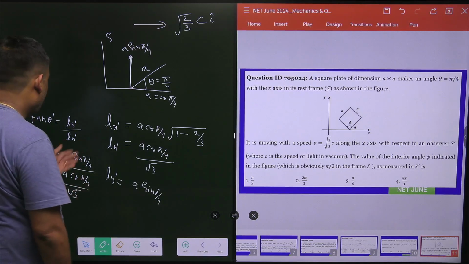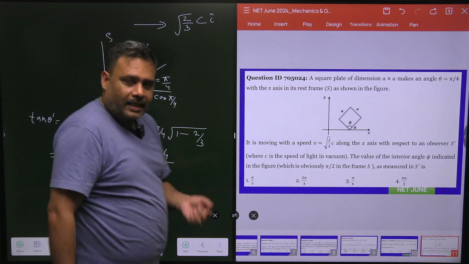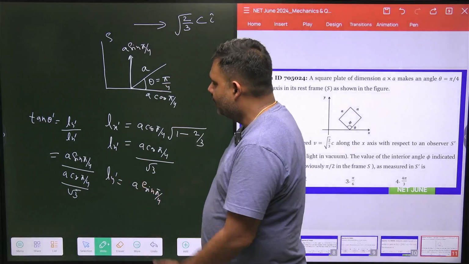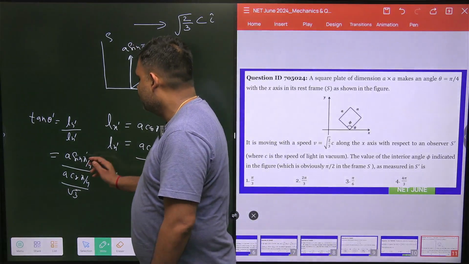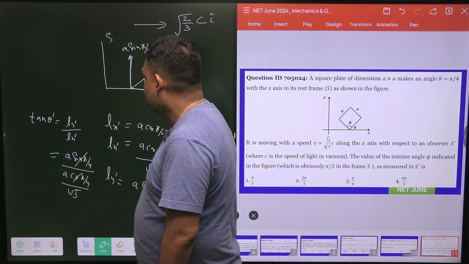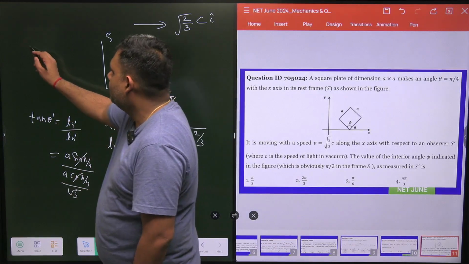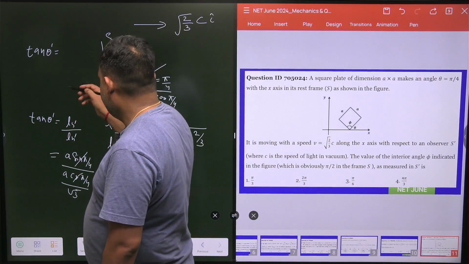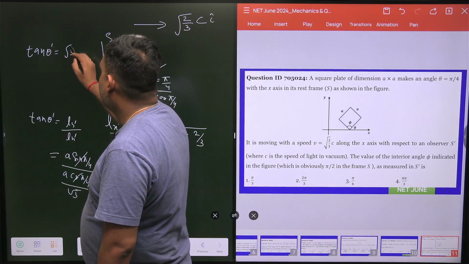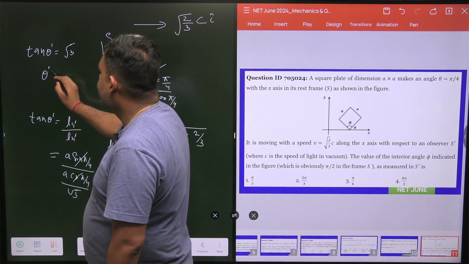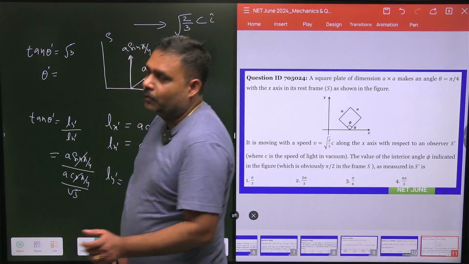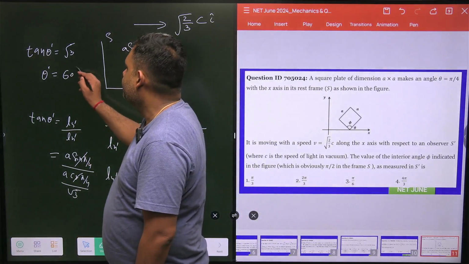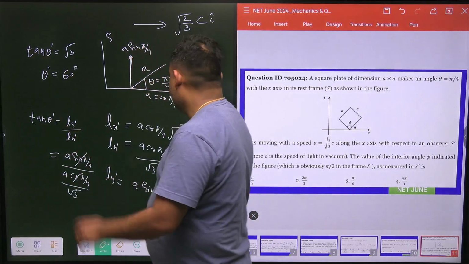Now sin pi by 4 and cos pi by 4 have the same value, 1 by root 2, so this complete term is going to cancel out. So tan theta dash is nothing but root 3. So theta dash is equal to, we have root 3, so what is theta dash? Theta dash is nothing but 60 degrees. So we can find this particular theta dash.